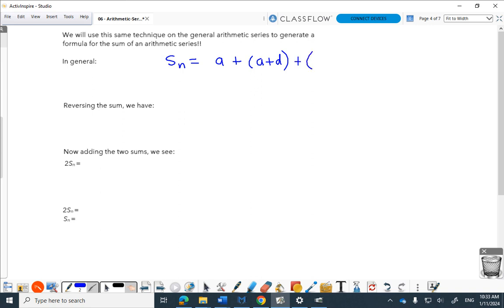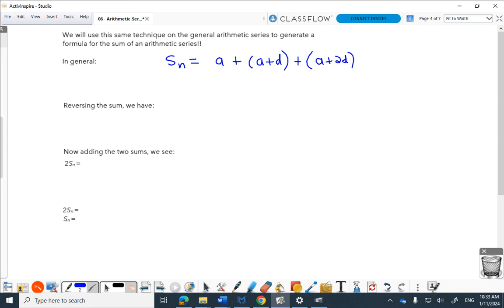If you've done enough of these, you're like, oh, I know what happens here now. The second term is A plus D. The third term, I've got to add another D. So I could write A plus D plus D. I could, and that would be right. Just in the interest of keeping this reasonably tidy, I'm going to write 2D.